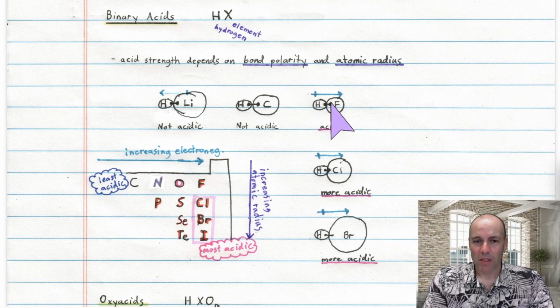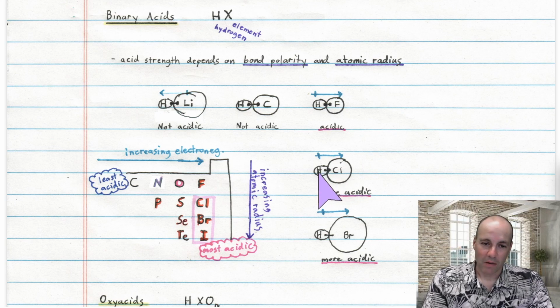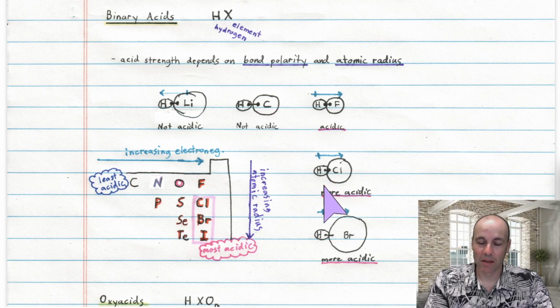If hydrogen is attached to fluorine, the fluorine is really small, and so hydrogen is right next to it. It's pretty well attracted to it. Chlorine is a much larger atom. Hydrogen is further away from the center of the chlorine. Therefore, the bond is weaker and easier for hydrogen plus to detach.